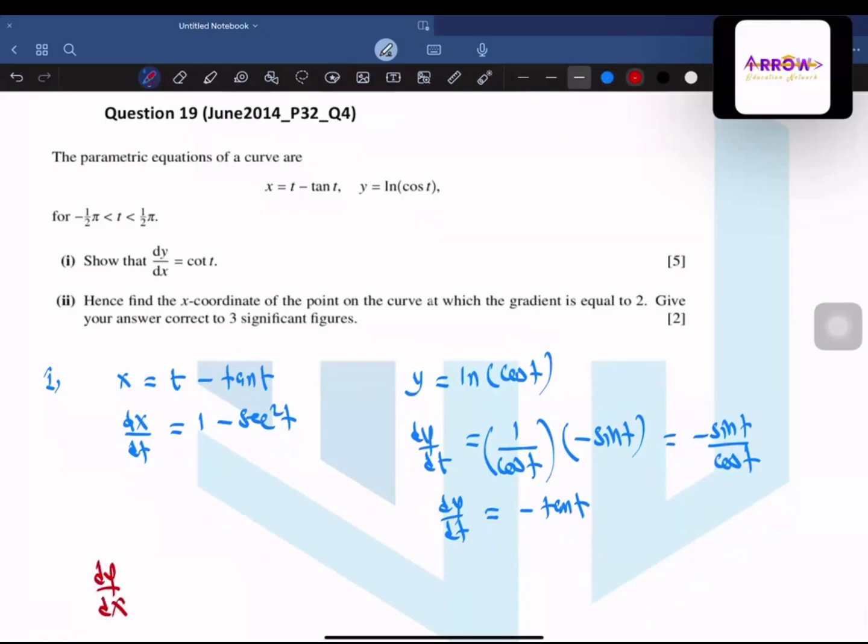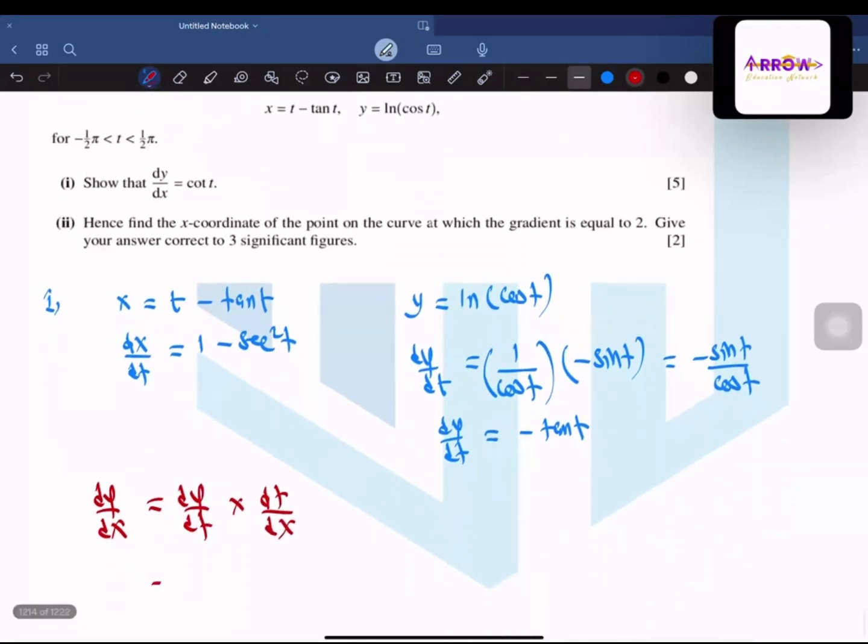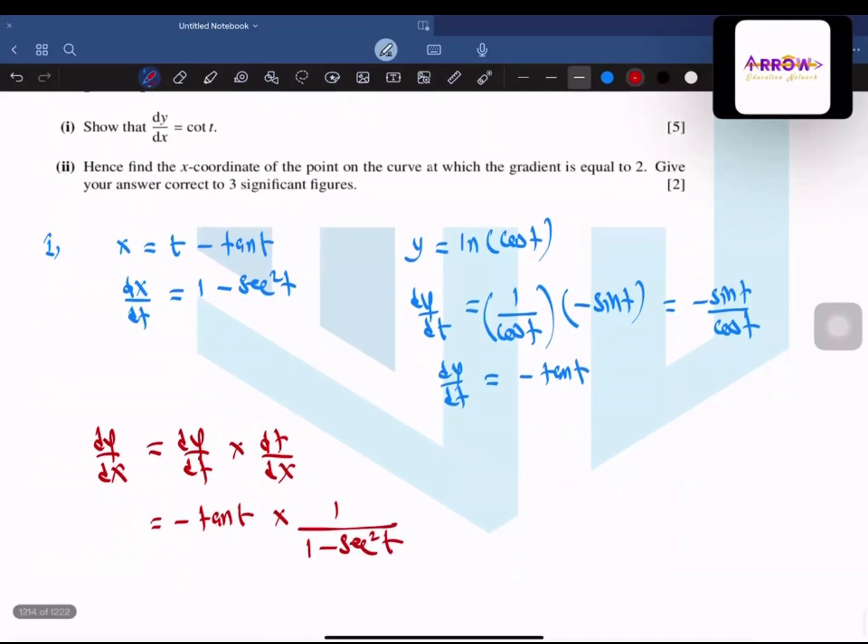So dy/dx = dy/dt multiplied by dt/dx. dy/dt is −tan t, multiplied by dt/dx, so dx/dt will be reversed, meaning multiplied by 1/(1 − sec² t). Therefore dy/dx = −tan t/(1 − sec² t). So far we have achieved this.